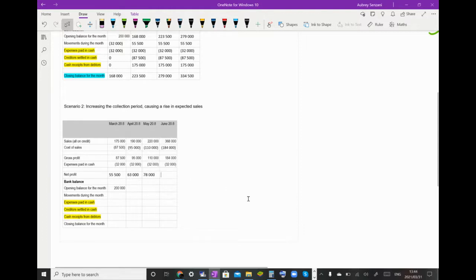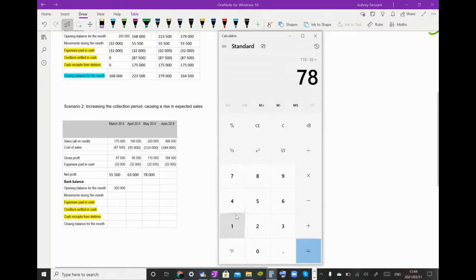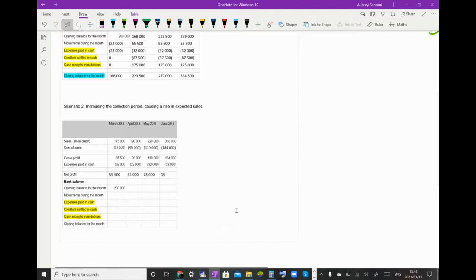Then finally here we have 184 minus 32, we get 152,000. Awesome stuff. So we have the net profits for all of them. Now we can get into this.